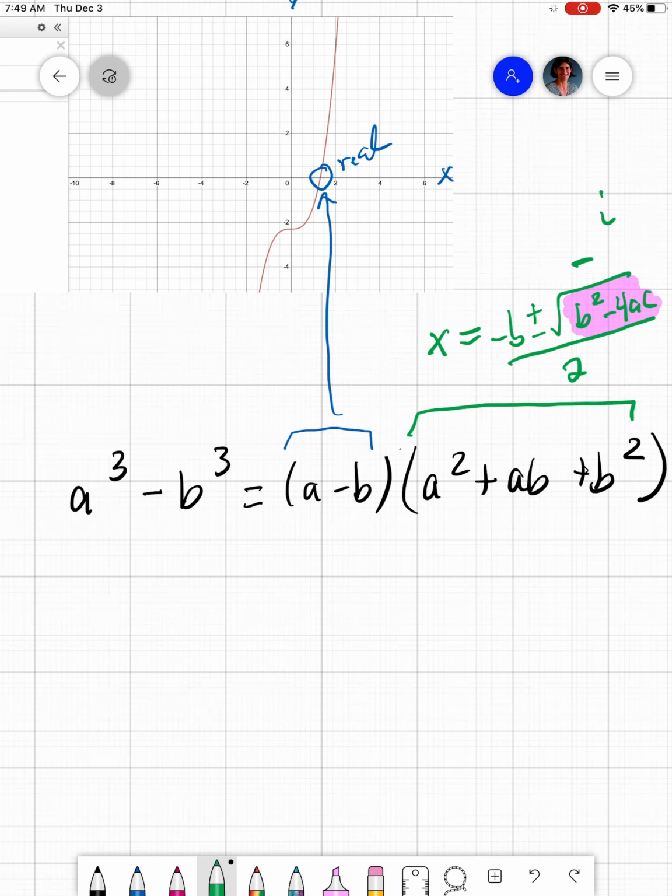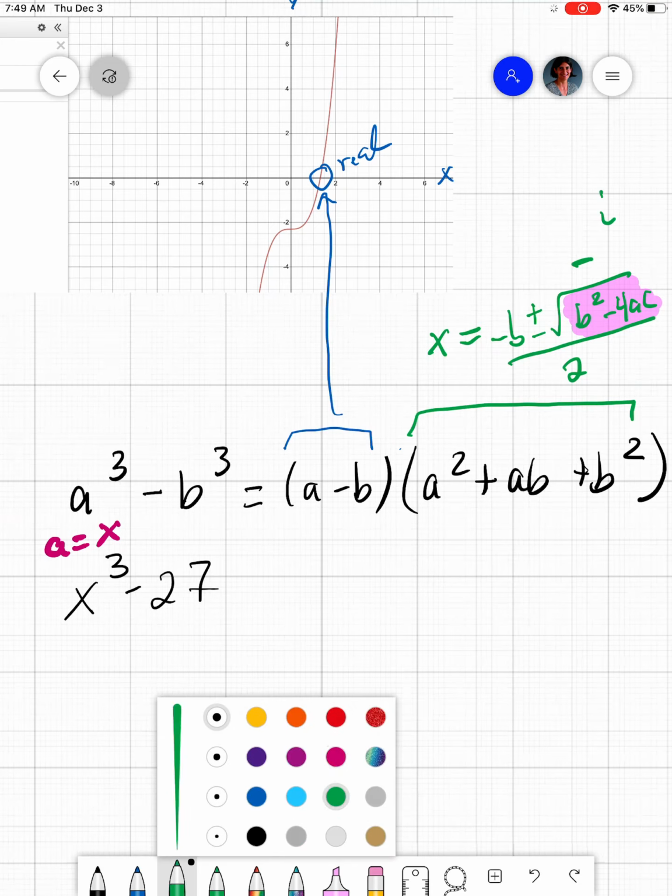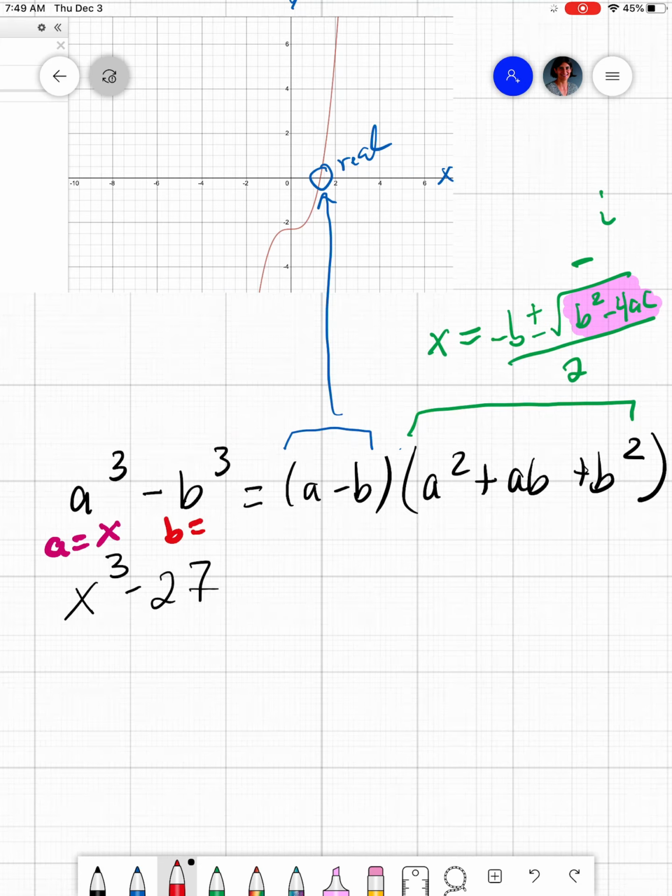So let's pull up one example that I was looking at. The example said that we had x cubed minus 27. In this instance, a is just x. For the b value, I have to think, what value cubed makes 27?